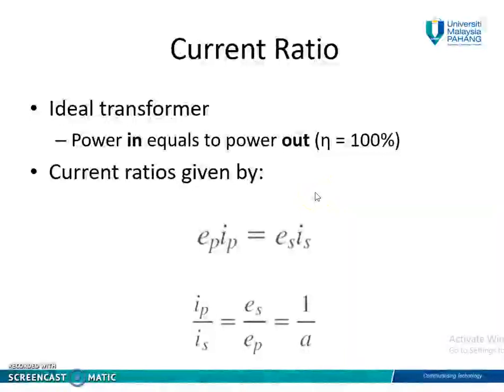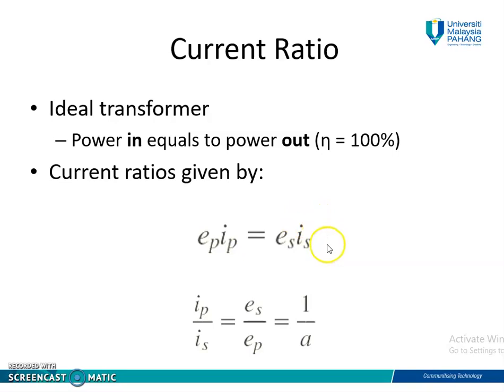We also have the current ratio for the ideal transformer. When the power in is equal to the power out, the efficiency is said to be 100%. The current ratio is given by the induced voltage in the primary winding multiplied by the current in the primary winding, which is equal to the induced voltage in the secondary winding multiplied by the current in the secondary winding.